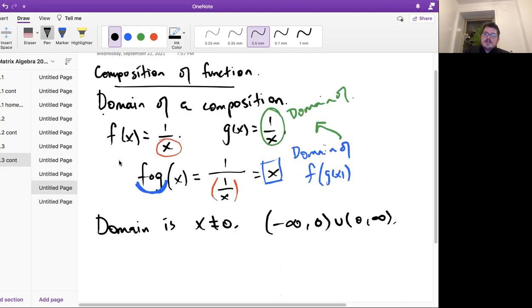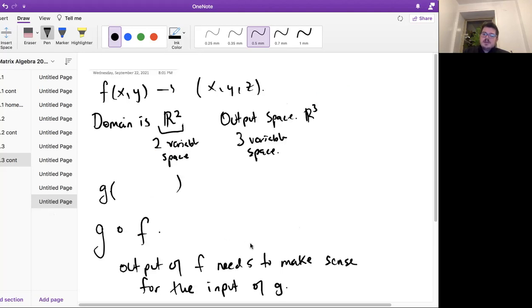Relating that to our example, the output of g is 1 over x, and that needs to make sense when you plug it into f. That's why you need to consider g. So if f outputs 3 variables, what must the input of g be if I want to make sense of a composition? It must have 3 inputs.